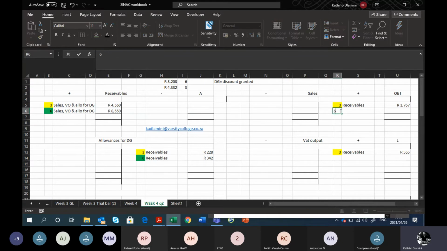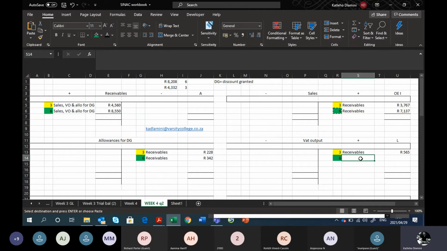When I come here on the 6th, receivables, now I'm gonna take this amount, multiply by 100 over 115, and I'm gonna get that 3,700, sorry, I took the wrong amount. I took H2, I meant to take H1. Okay, then I get 7,137 Rand.